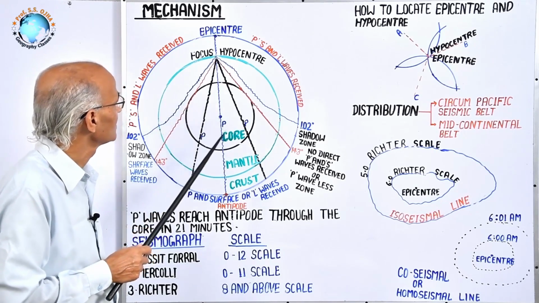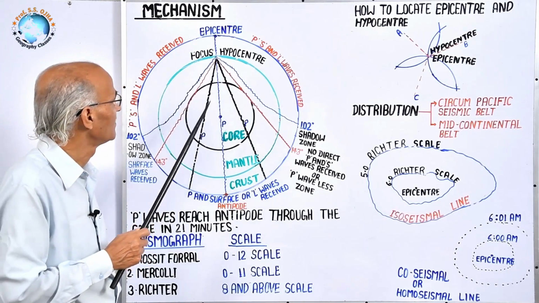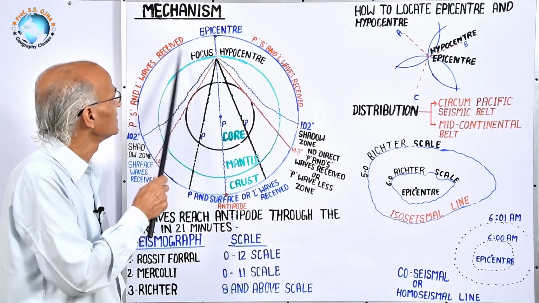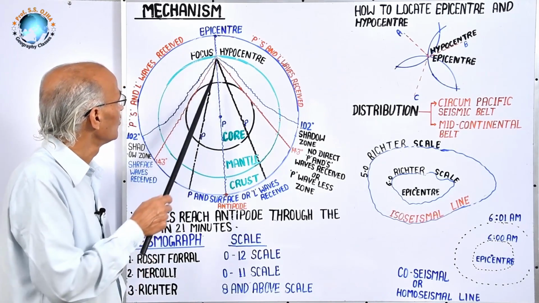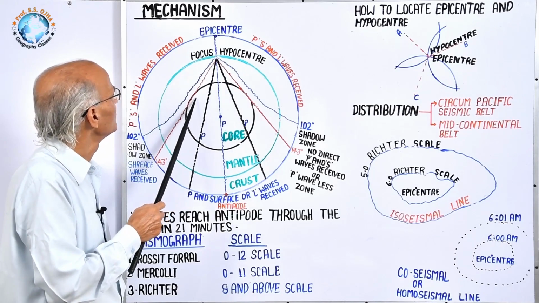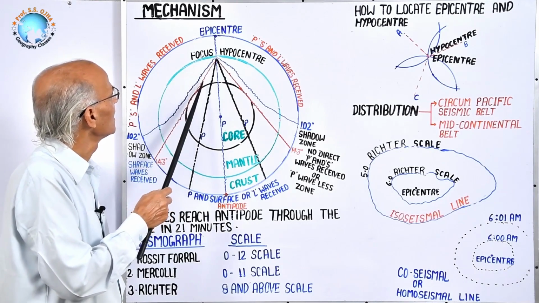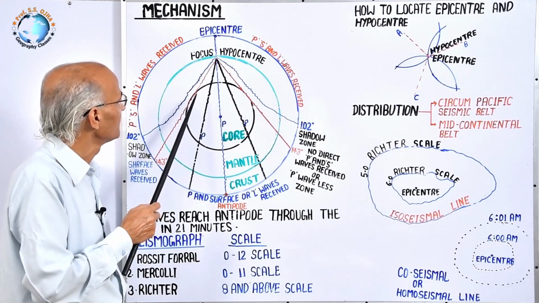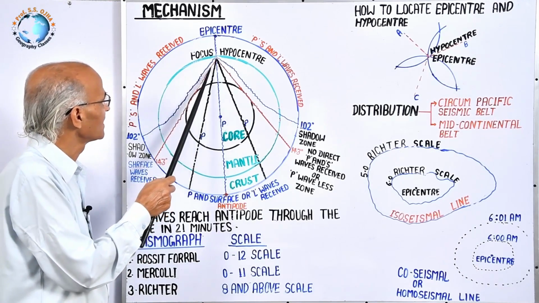Now let us try to learn the mechanism of the P wave, S wave and L wave. As we have discussed, P waves start from the focus and radiate in all directions, passing through the center of the earth. When these P waves travel between the core and mantle, at the Gutenberg discontinuity, these waves slip and lose their original character.